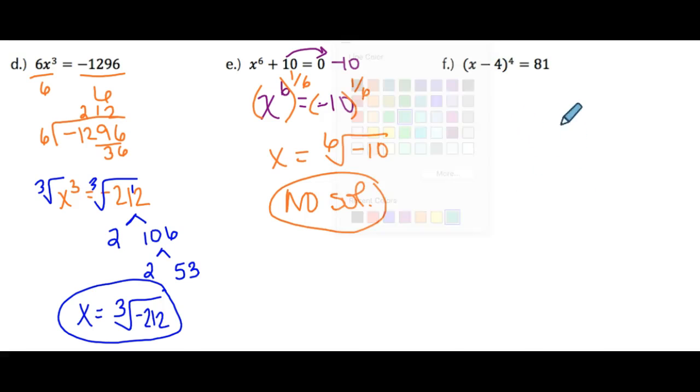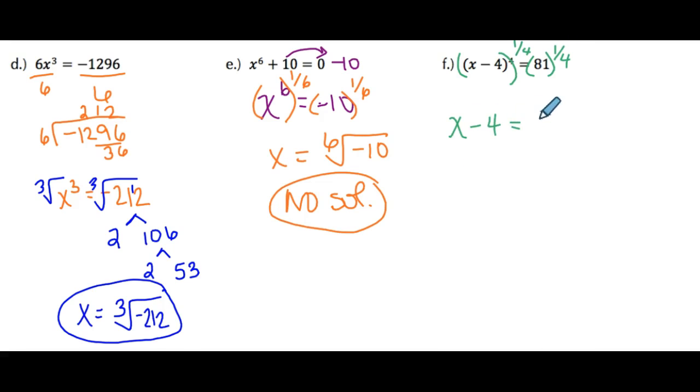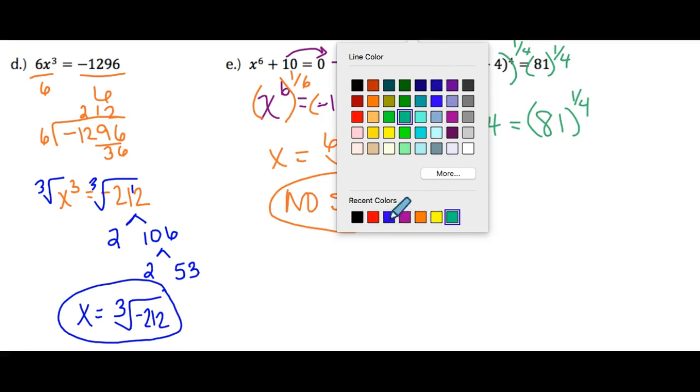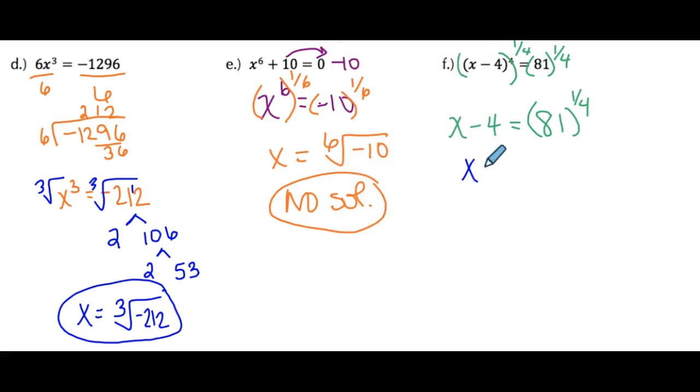Okay, the last example on your note page, we're going to take everything to the 1/4 power. So we're going to take everything to the 1/4 power, which means I have x minus 4 is equal to 81 to the 1/4. And if we think back to what we did in example A, we know that 81 to the 1/4 power means that we have plus or minus 3.